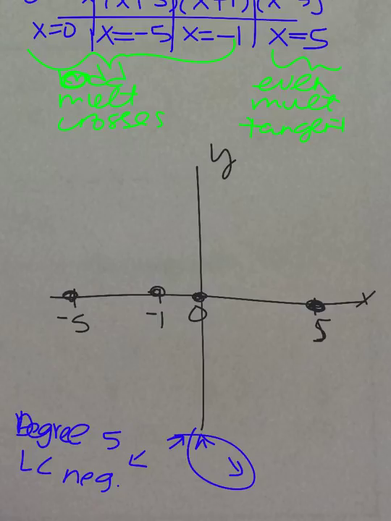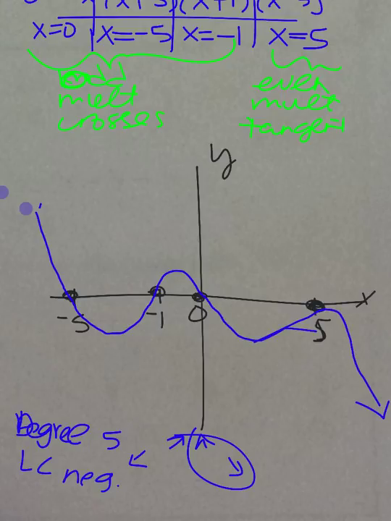So it's going to come down, cross at negative 5, come up, cross at negative 1, cross at 0, and it's going to be tangent at 5. Like that. Okay, and then we just need the end behavior.